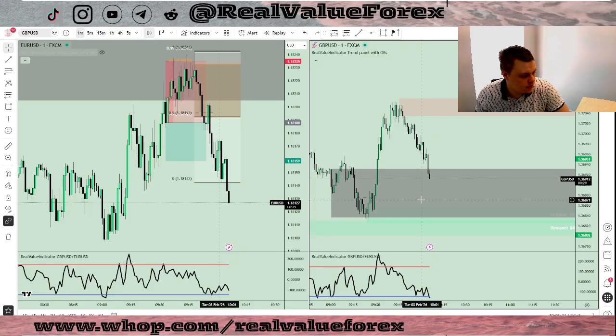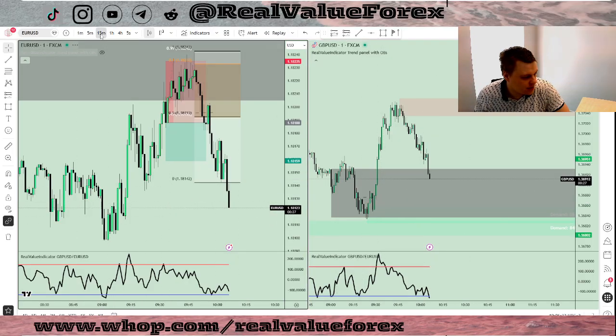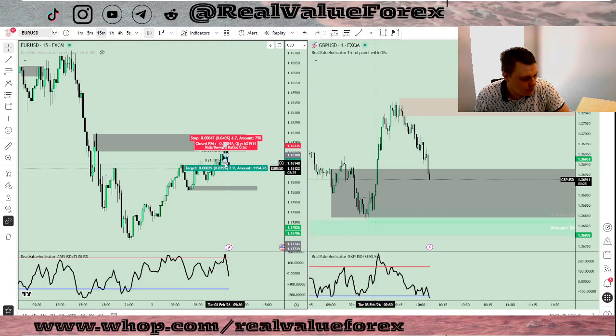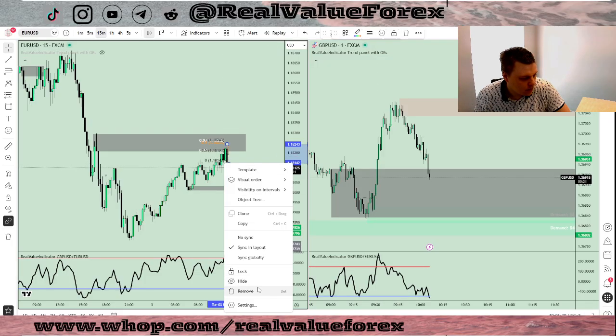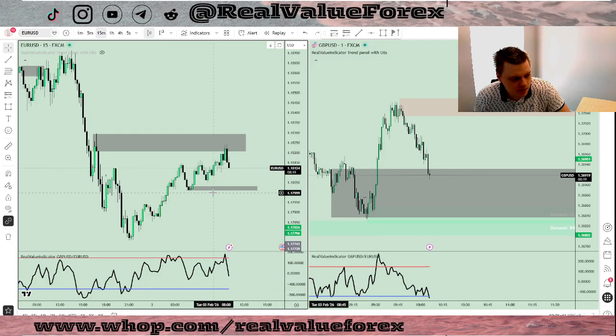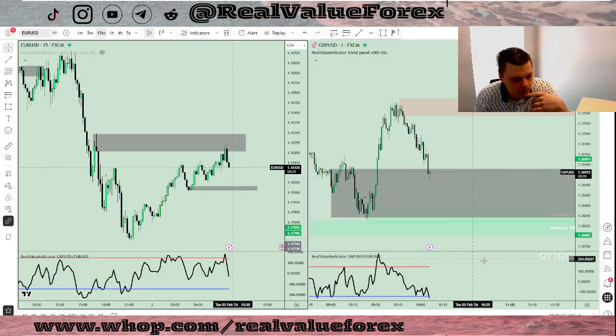So let's see with EURUSD. Let me close those ones in here as well. Our next zone is in here. We tapped in here. Let's see, do we really get the signal and green candle?